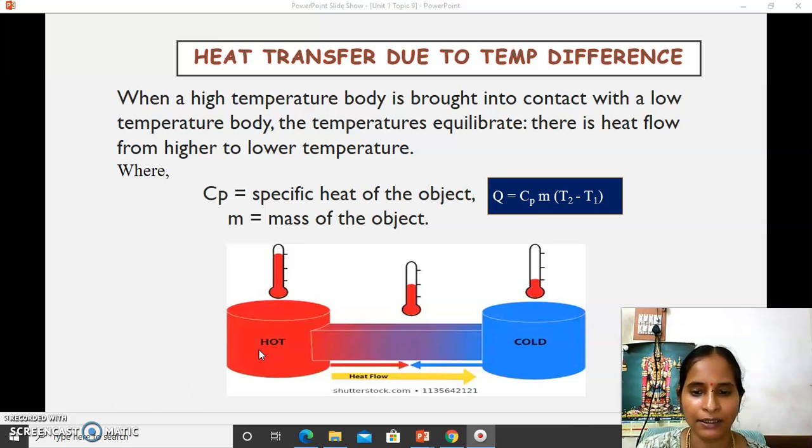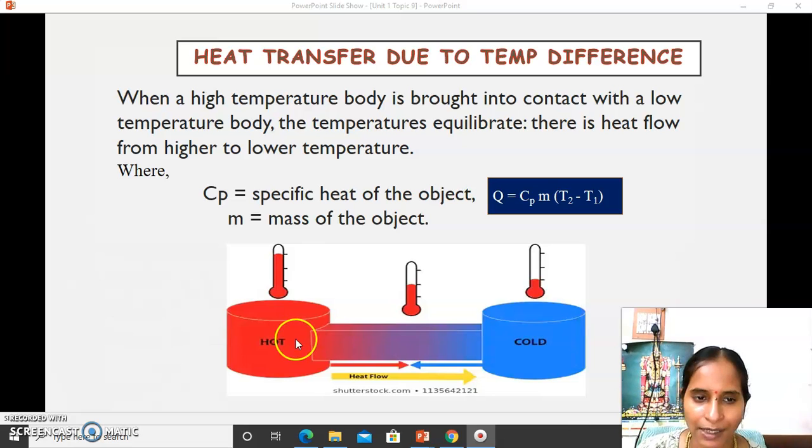That is, without any complications or difficulties, heat spontaneously will flow from hot source to cold source. Okay, reverse direction from cold to hot region transfer is not at all possible.